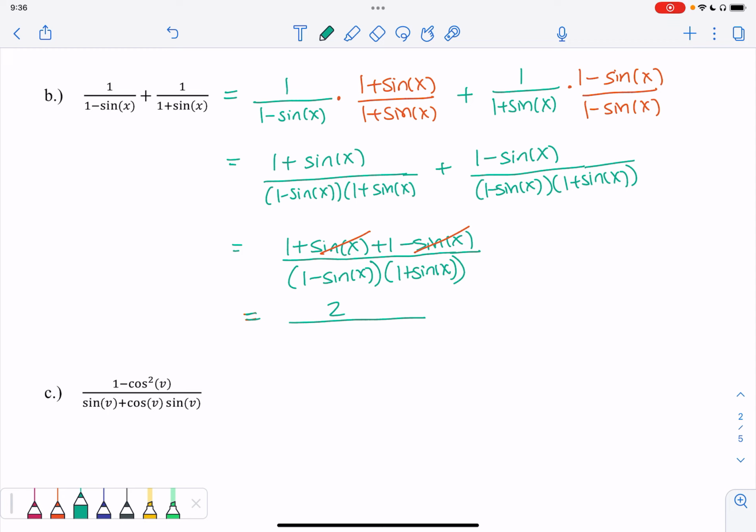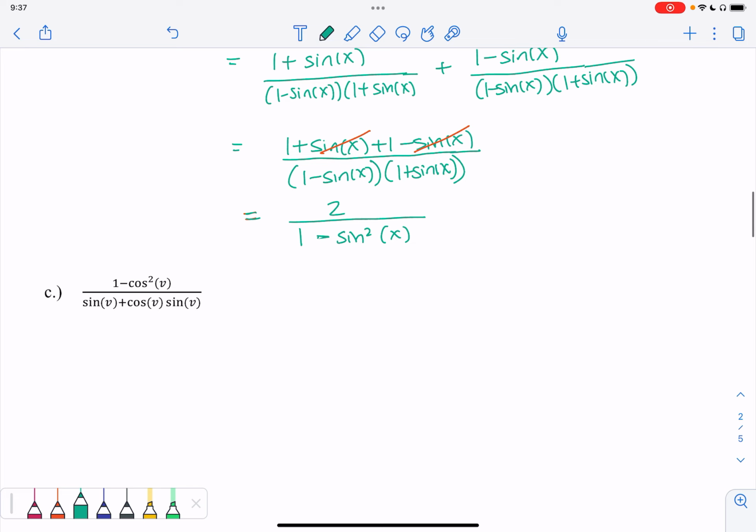And then on the bottom, what if I multiply these out? 1 times 1 is 1, then 1 times minus sine x and 1 times positive sine x cancel each other out. So I end up with just minus sine squared of x.